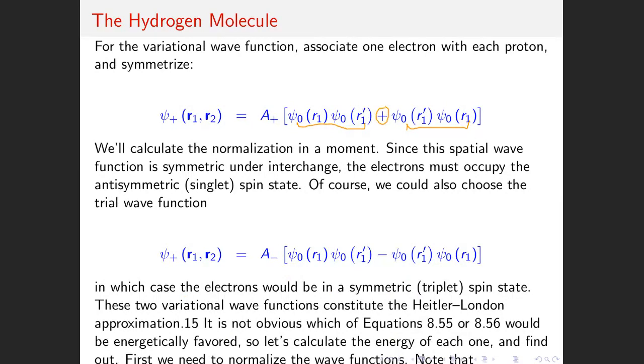And remember that your full wave function has some contribution coming from the spin. Fermions in general have to be symmetric or antisymmetric under interchange of variables.